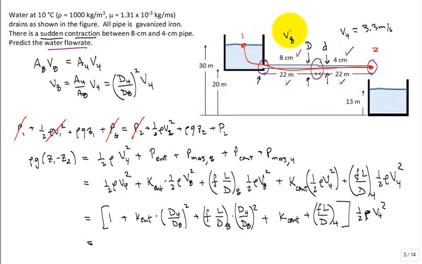And then the velocity in the 8 is going to be a lot less, isn't it? Look at this. Won't it be 1/2 squared times the velocity in the 4? Won't it be 1/4 the velocity, so the speed in the 8 centimeter pipe is 1/4 the speed in the 4 centimeter pipe?